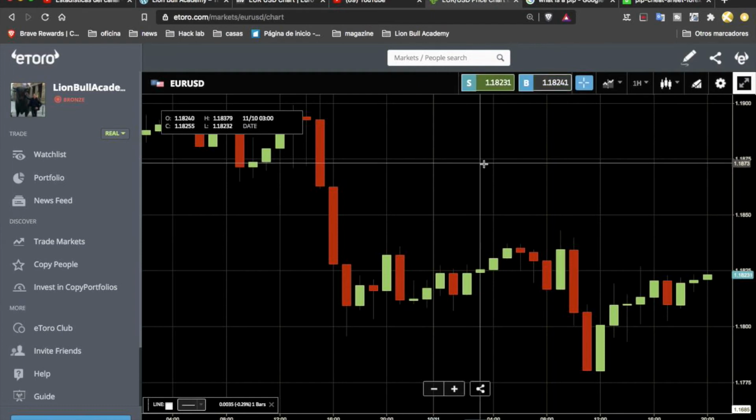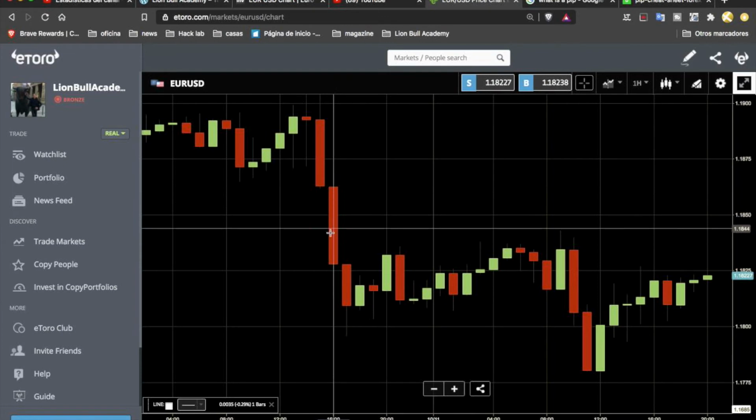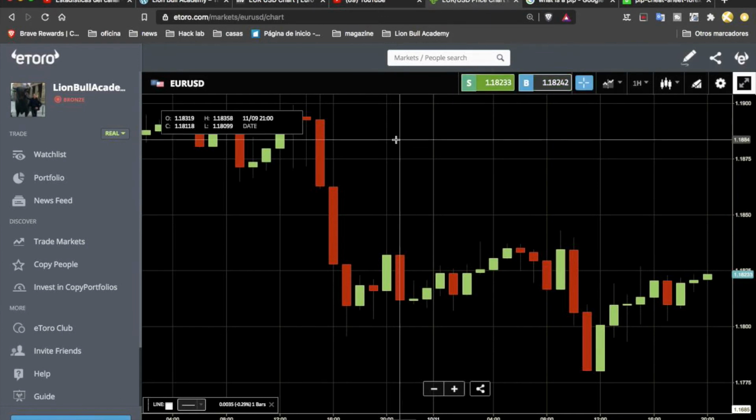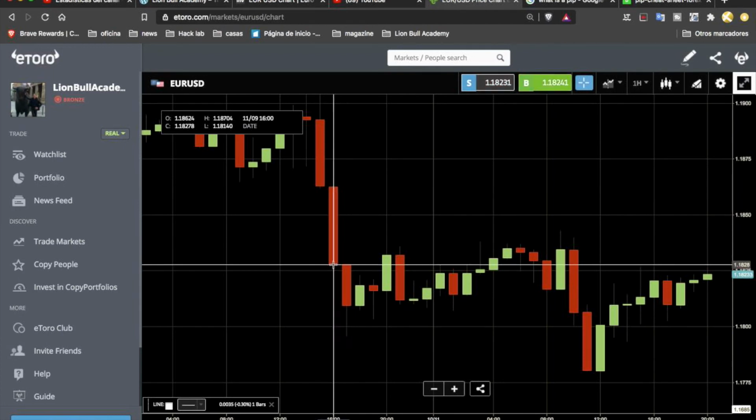So how can we calculate how many pips one candle moved? Example: let's say this big candle that we have here. How many pips is this candle? We just need to take this cross here, select it, then click at the beginning of the candle till the end of the candle.